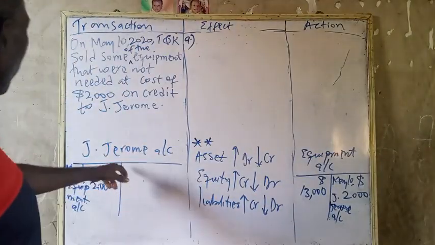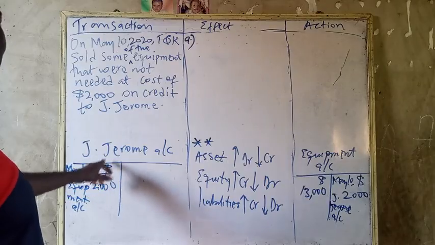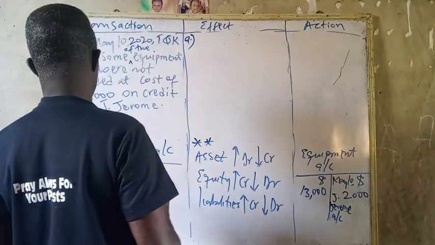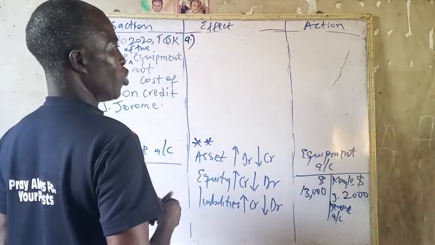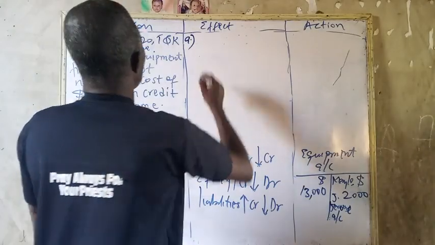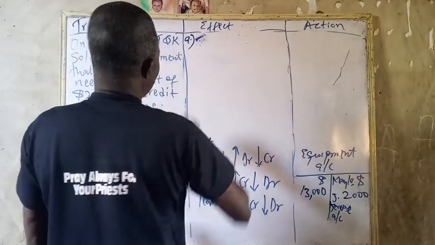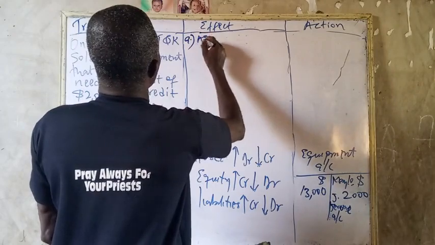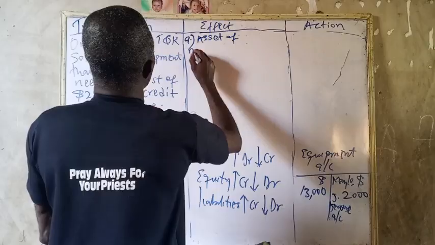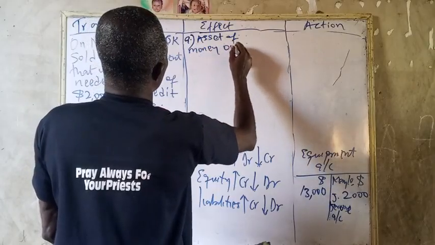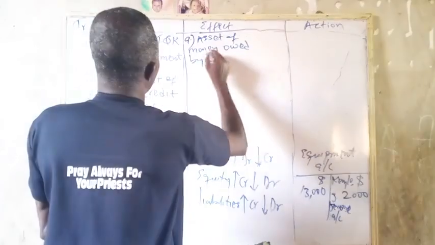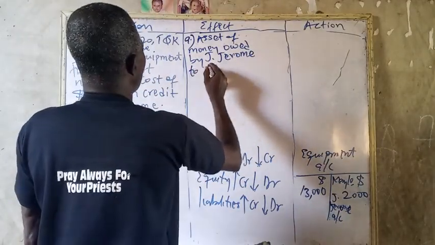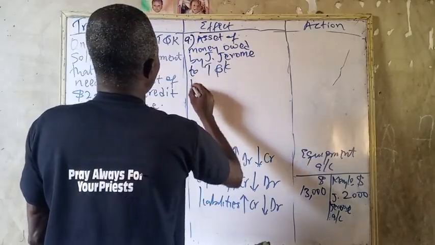Effect A is that the money owed to us by J. Jerome has increased. The asset of money owed by J. Jerome to T and K increased.